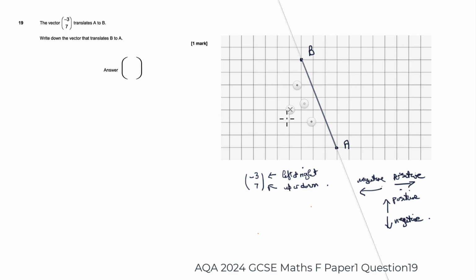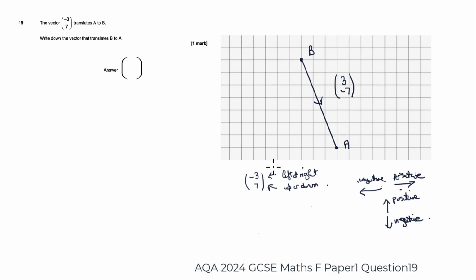There we go. Now, if we're looking for the vector that translates B, or moves B back to A, in that direction, what must we do? We go 3 to the right and 7 down. Now 3 to the right would be positive 3 and 7 down would be negative 7.